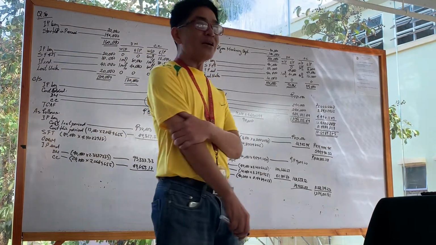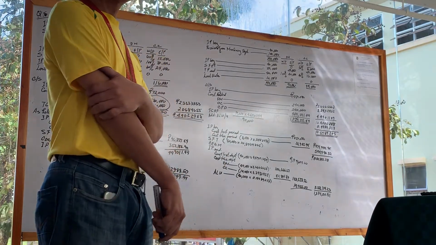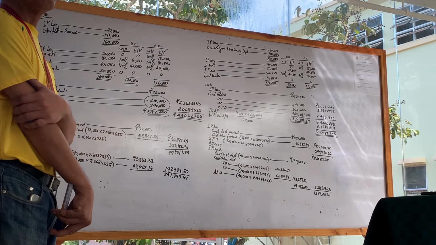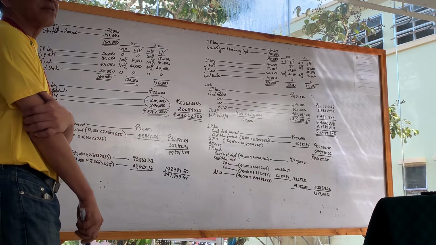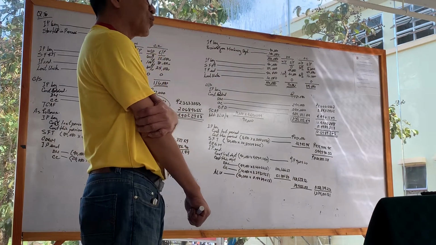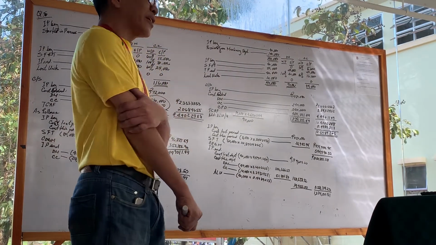Entry number 4, last entry. Debit, finished goods inventory, 1,020,892.28.